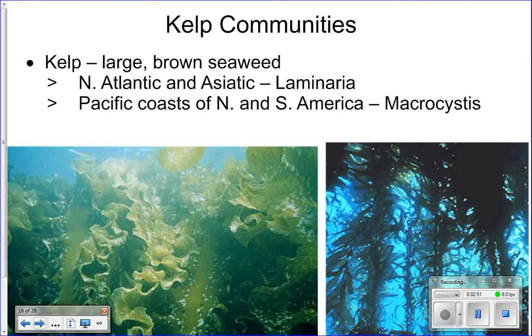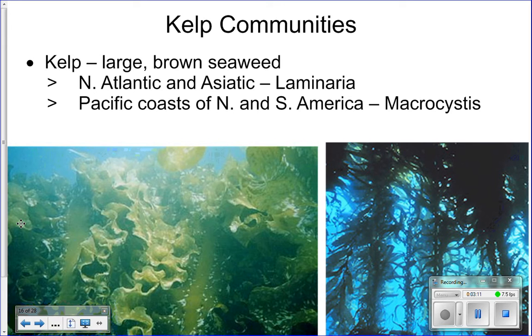You have different types of kelp forests depending on where you are on Earth. Different kinds of kelp will form kelp forests depending on location. If you are in Asiatic areas or in the North Atlantic, you're going to have a type of kelp called Laminaria. That's the picture on the left.